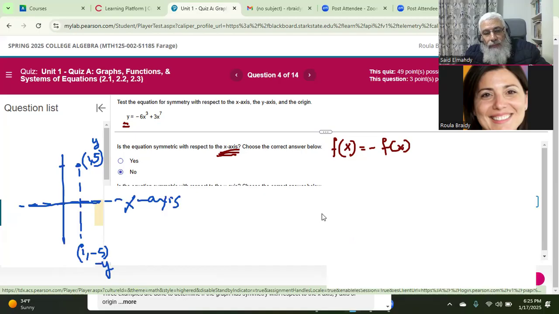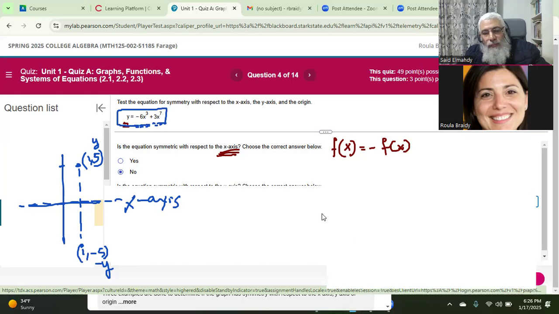I need to make it like y and negative y have the same x. So this x here and here has the same y.